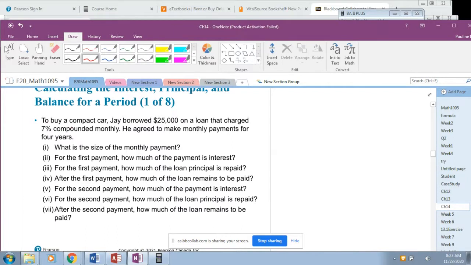To buy a compact car, J borrowed 25,000 on a loan that charged 7% compounded monthly. He agreed to make monthly payments for 4 years, and then it asks you many questions.